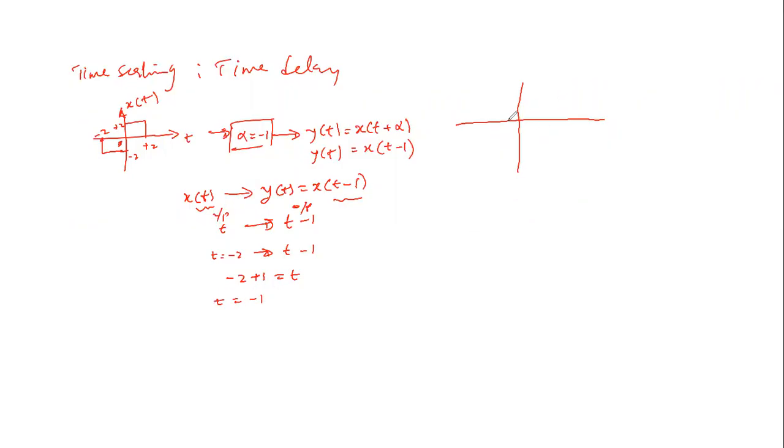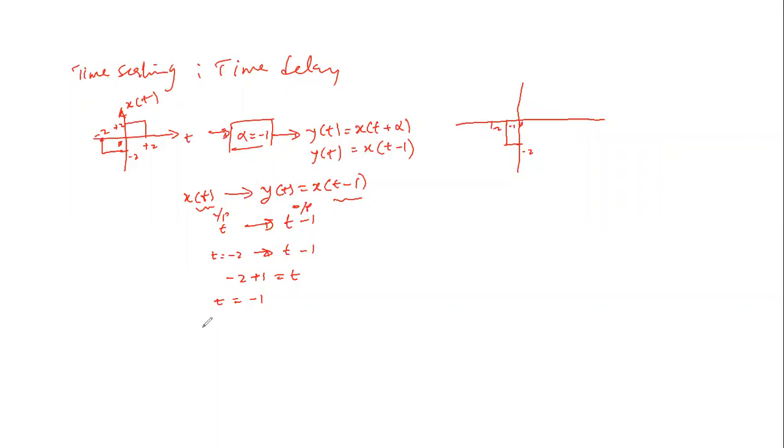So in this case, we have -1, -2, okay, there's 0. So meaning the amplitude of -2 comes up to -1. Okay.